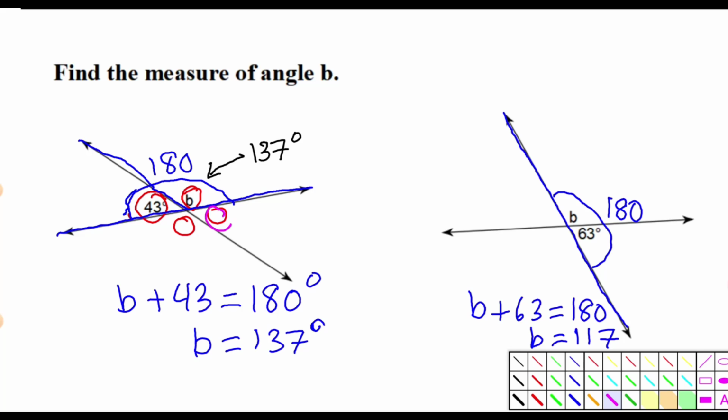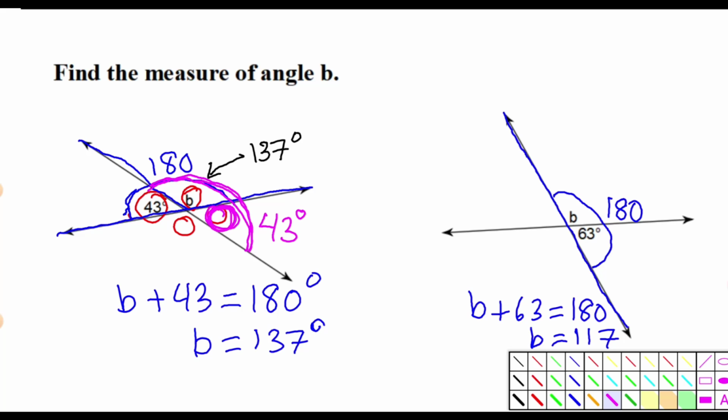Can we find this angle right here, the one that we're missing? Well, we said that the one next to it was 137. These two right here form a linear pair. If you do a little subtraction, you'll find out that this angle is 43 degrees.